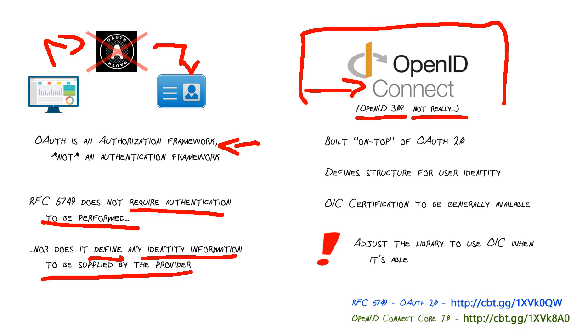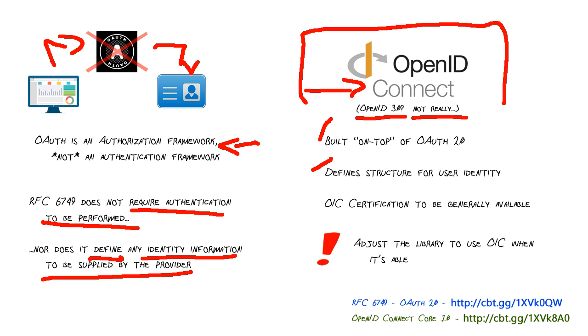It's called OpenID Connect, and OpenID Connect is where the industry has moved to in regards to federated, delegated user authentication. First of all, you need to understand that OpenID Connect is built on top of OAuth 2.0. That's why most of the series is focused on OAuth 2.0. You need to understand OAuth before you can understand how OpenID Connect works. What OpenID Connect does is define structures for user identity.